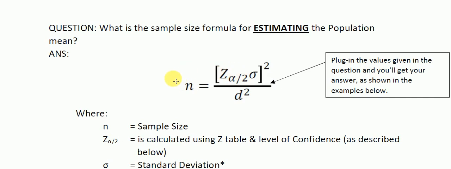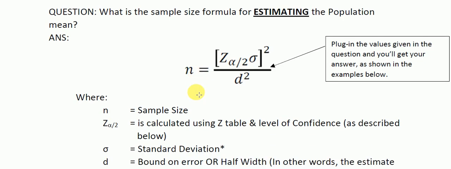So let's see the various aspects of this formula. All you have to do is recognize what each symbol stands for, then simply plug in the values from the question and you'll get your answer. It's as simple as it gets. So n is the sample size. Then the second one, z alpha by 2, has to be calculated using various factors given in the question.